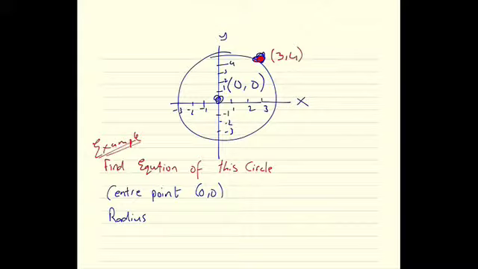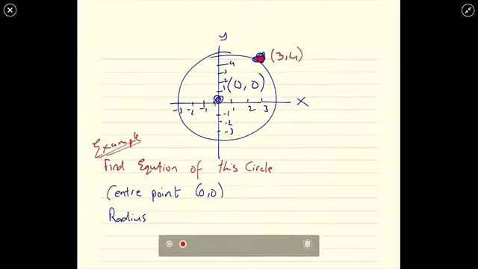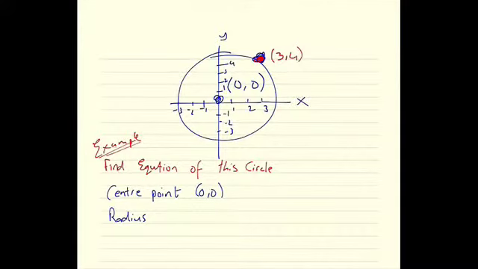Okay, no, the radius is actually the length from here to here. How would I find that length, Amy? Yeah.